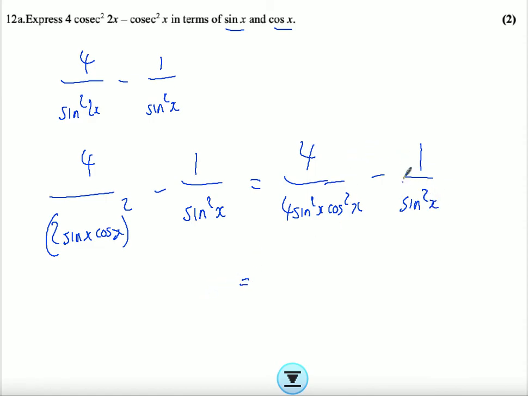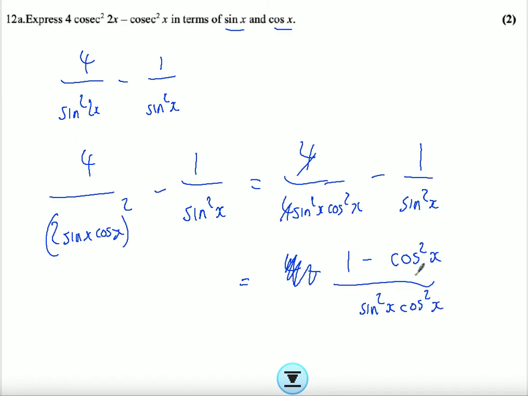It's just fractions, isn't it? So same denominator. Actually, we don't need the 4, do we? We can cancel the 4's. So we're going to go for 1 subtract cos squared x over sine squared x cos squared x.